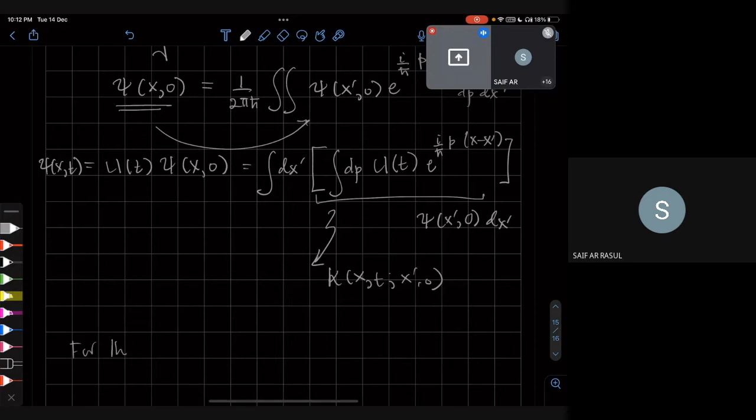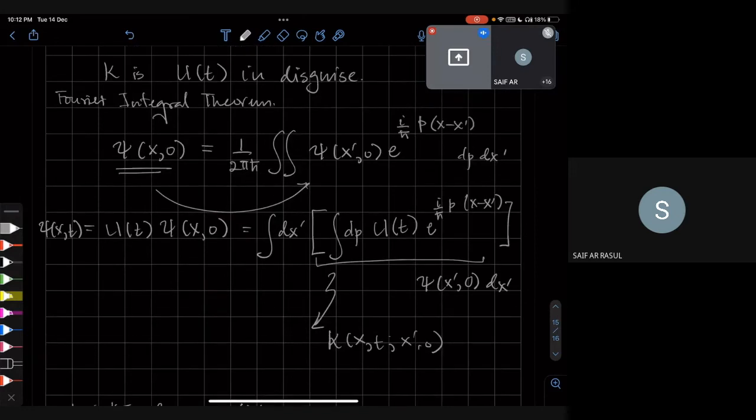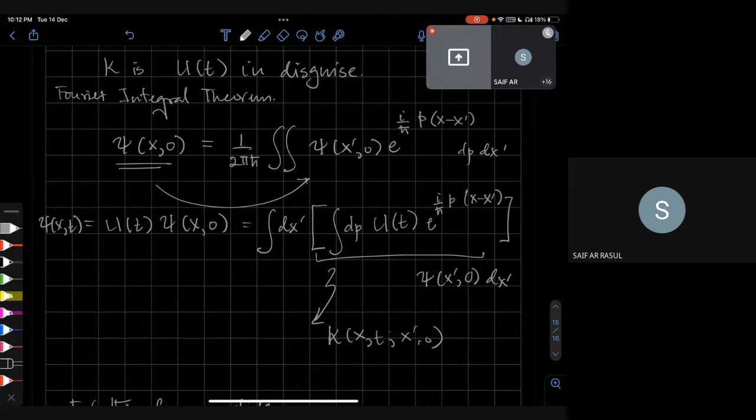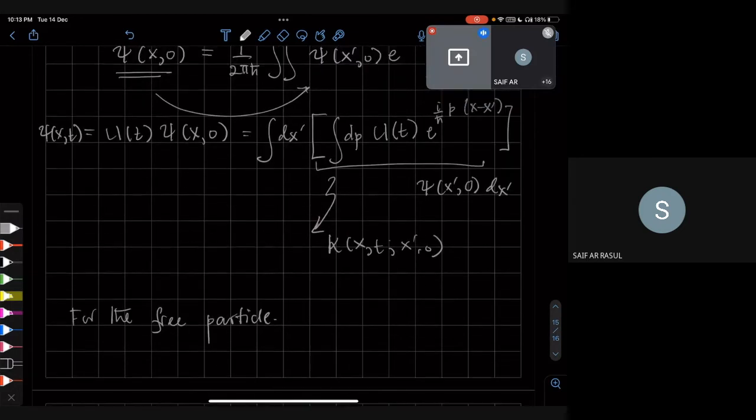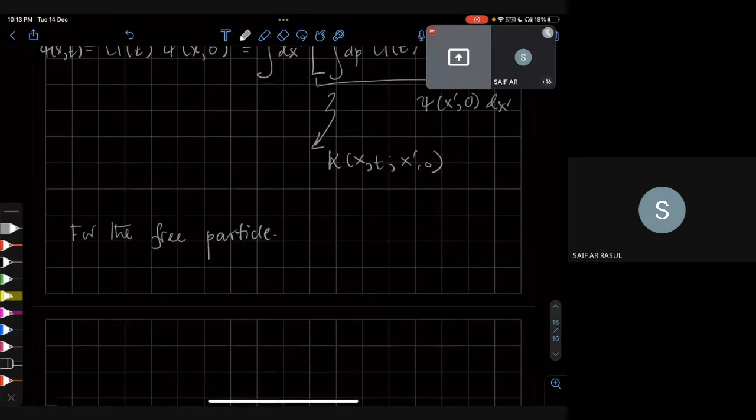Now I want to evaluate this for the free particle. So for the free particle, what do we know?